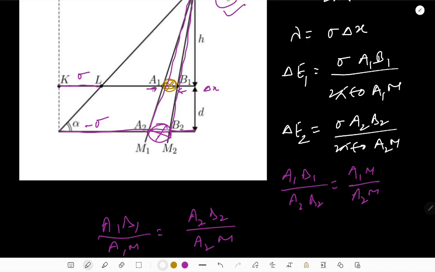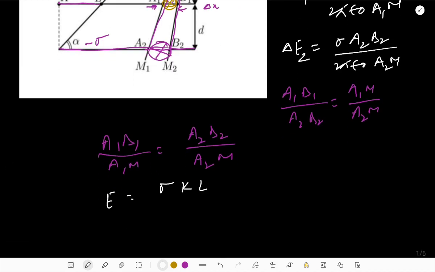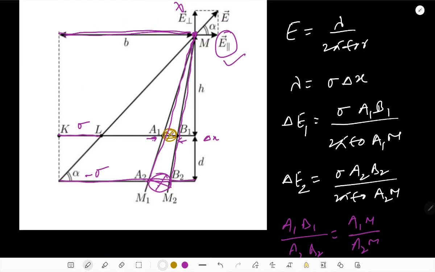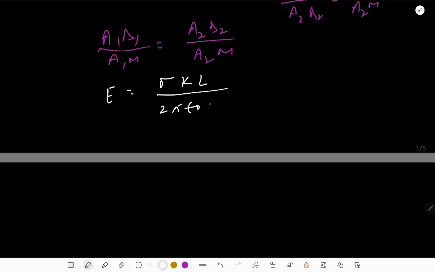So you don't need to worry much about KL looking big here. This is quite small, and you can write here the rest of the things, 2 pi epsilon naught, and the distance you can write anything. I wrote it ln as r.